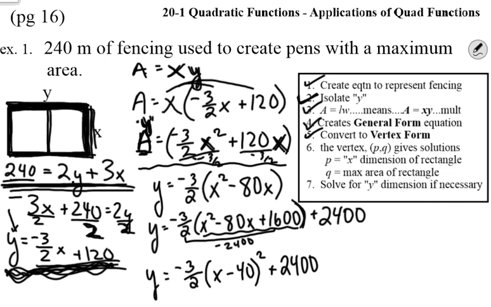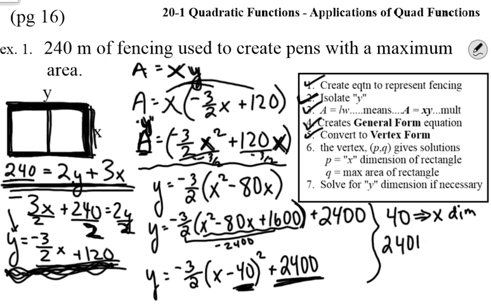And once we have the vertex form, why is that useful? Well, our p-value 40 is the x dimension of the pen. And the q, like I just quickly showed on that diagram, is the maximum area of the pen.